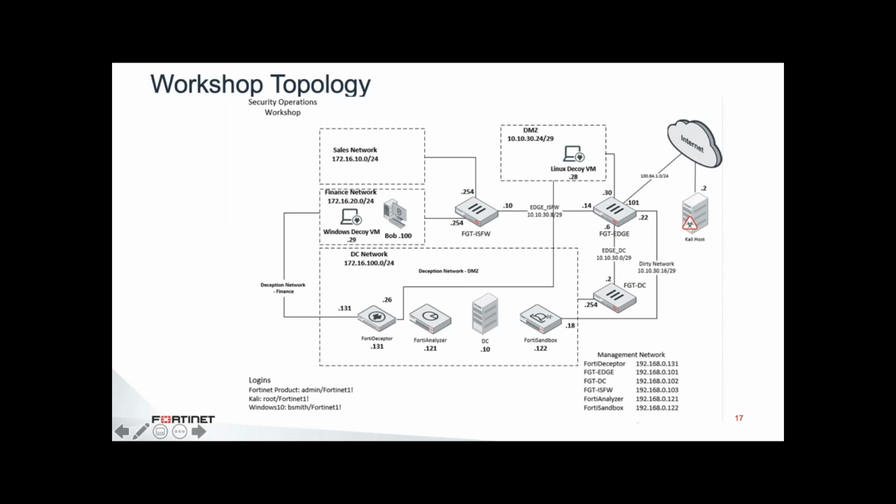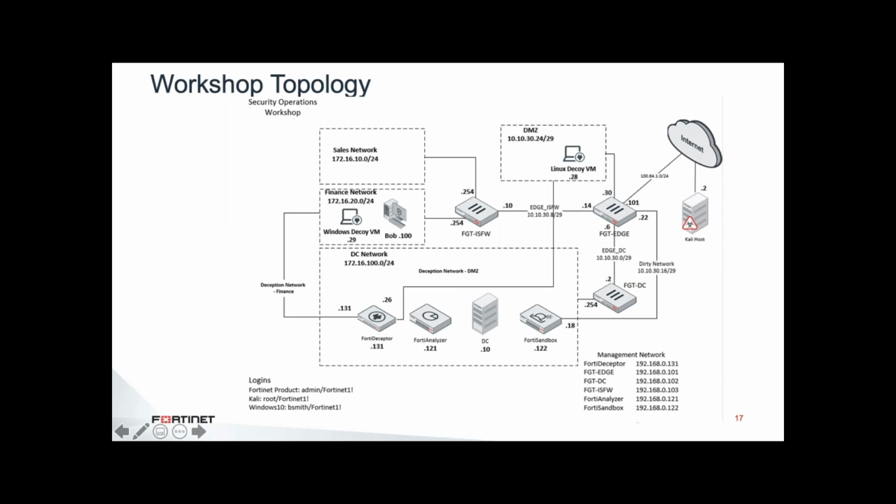So the attacker, who is the Kali host on the right, has already infected Bob and is waiting for Bob to power on his PC today and to get a connection so he can control Bob. So our attacker is a command and control server. What we're gonna try to do with Bob is we're gonna try to move lateral, so lateral movement. But what the attacker does not know is that we have the FortiDeceptor in place.